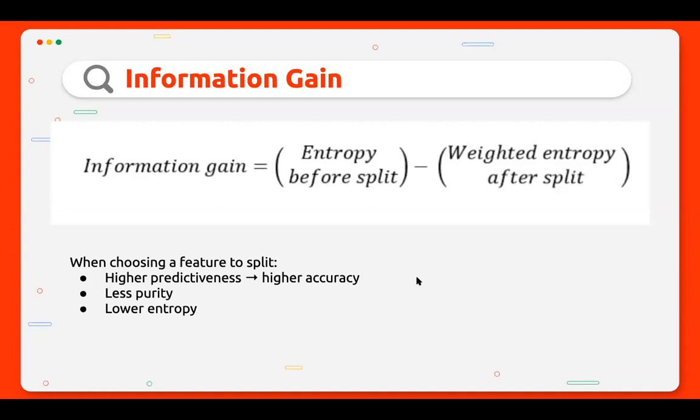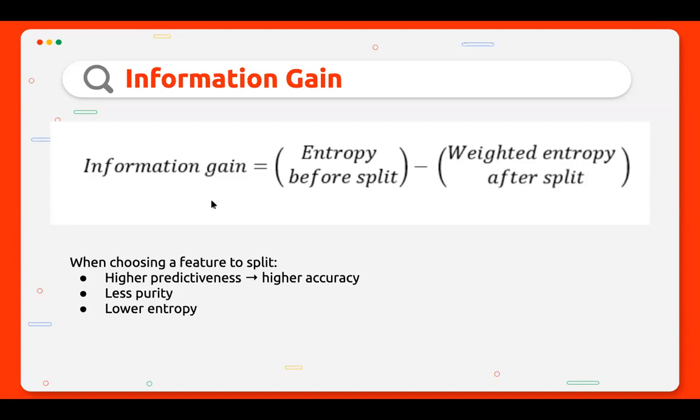So information gain, we calculate that by subtracting the weighted entropy after a split from the entropy before the split, and that will tell us the information gain. And the greater reduction in uncertainty, which means the more information gain we get, the better our model is predicting.